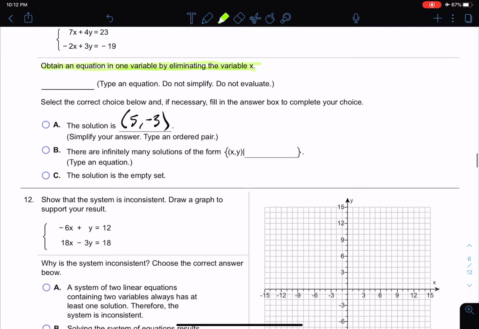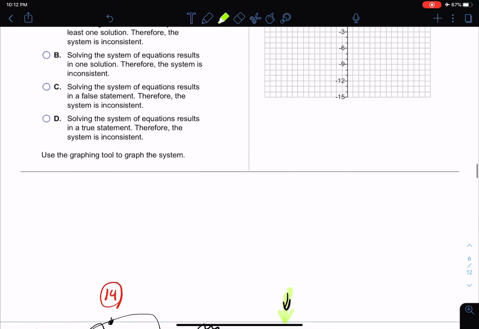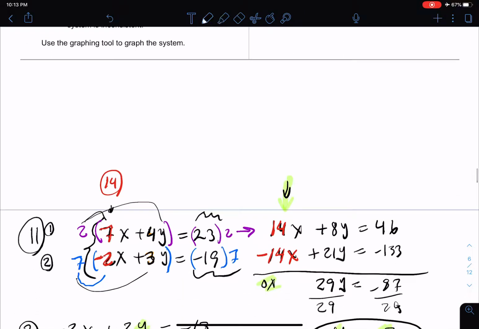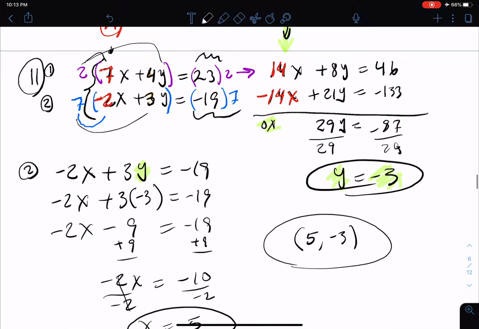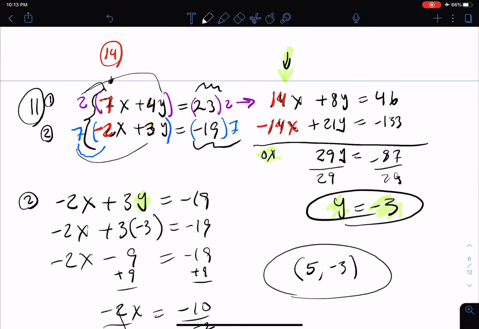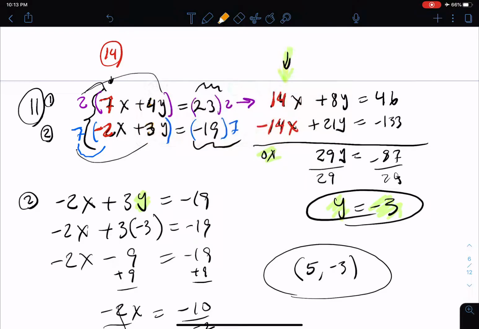So then what do they ask us to do here? Obtain an equation in one variable by eliminating the x. That's what we did. Type an equation. Do not simplify. Do not evaluate. Type the equation where we eliminate the x. Our new equation, let me highlight that in orange.